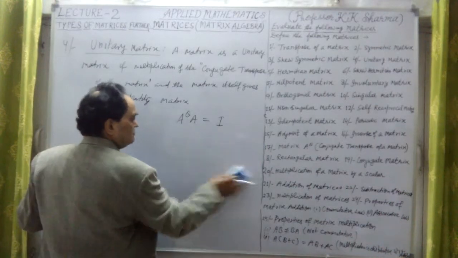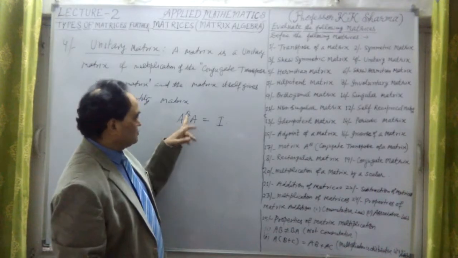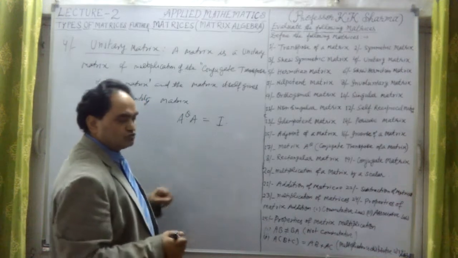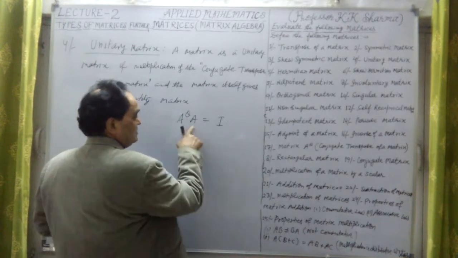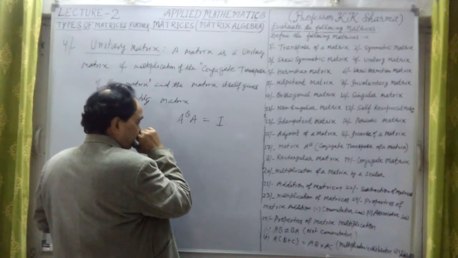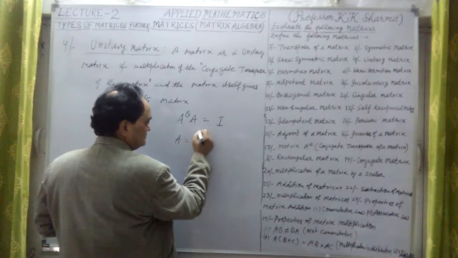So multiplication, because here it is A theta into A. A theta is the conjugate transpose of A, and A is the matrix itself. Let me take a first instance.